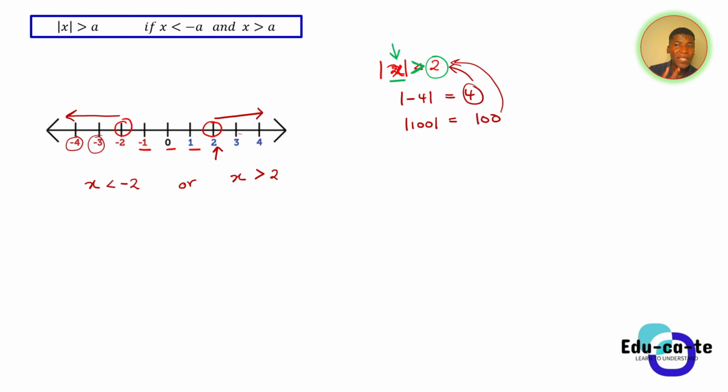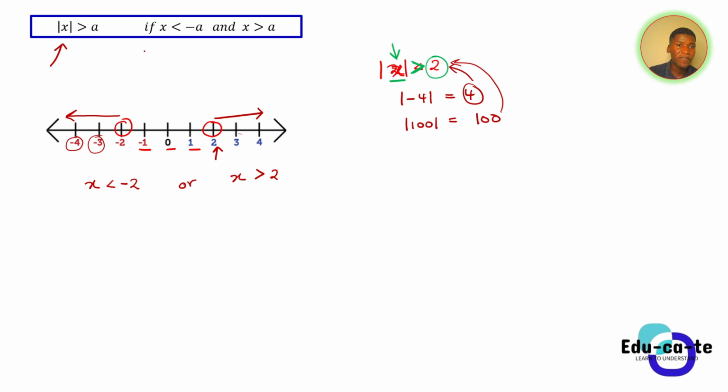So basically, when we say less than, we take the values between. When we say greater than, we take the values away from the critical points. That's where the law comes in handy and says that the absolute value of x is greater than a if x is less than -a or x is greater than +a.